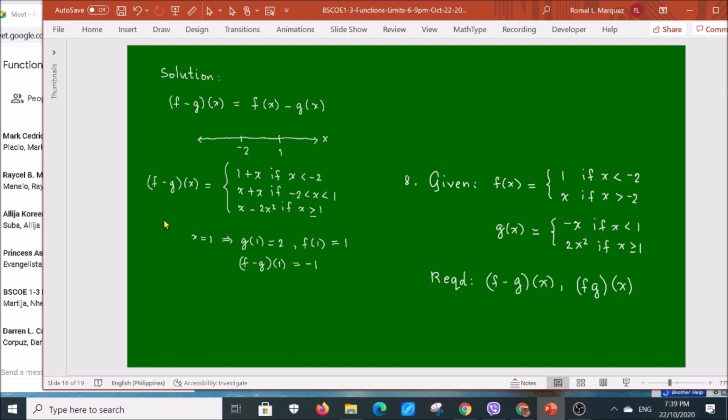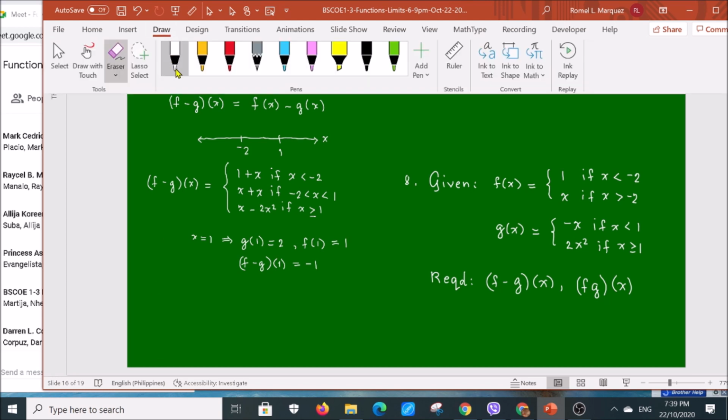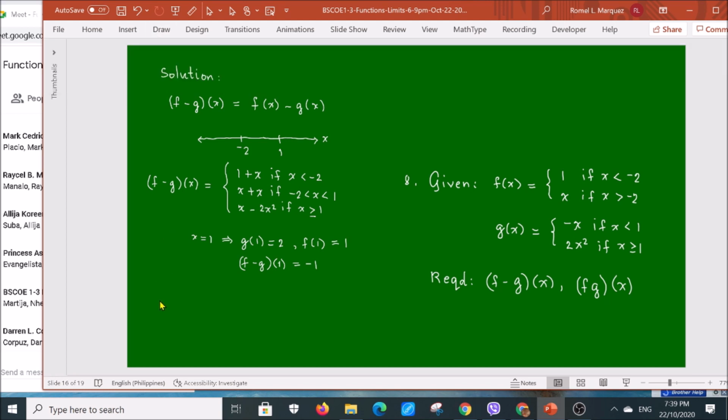So we can now conclude when simplified. Let's now simplify. We can now conclude that f minus g of x is equal to, when simplified, 1 plus x, still 1 plus x, so we cannot do something about it, if x is less than negative 2. What about if x is between negative 2 and 1?